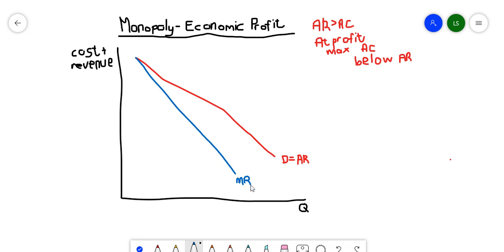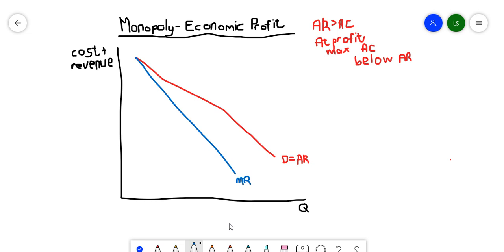Always lower because marginal revenue is less than the price. Okay, so this is step 1. Step 1 is to draw demand and average revenue and marginal revenue. In the perfect market, it was one horizontal graph. We are not in the perfect market anymore. We are in the monopoly now. So both of these graphs will have a negative slope, and marginal revenue is always below your demand curve.